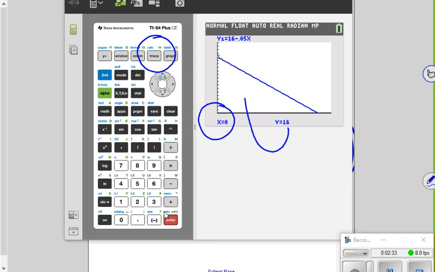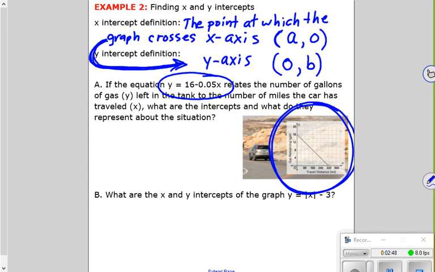You may notice that 16 is in the equation because this is a linear equation. The y-intercept is the constant in the linear equation. So the y-intercept is (0, 16).